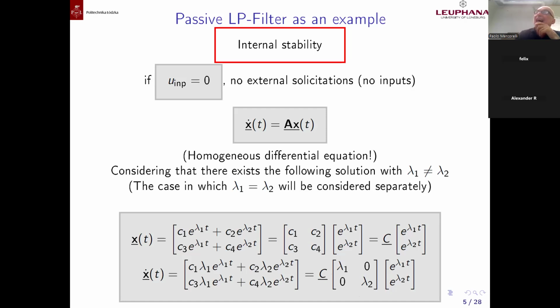C, which multiplies the identity matrix. It's not exactly an identity matrix. The matrix consisting of the eigenvalues lambda 1 and lambda 2. I don't know if it's visible.